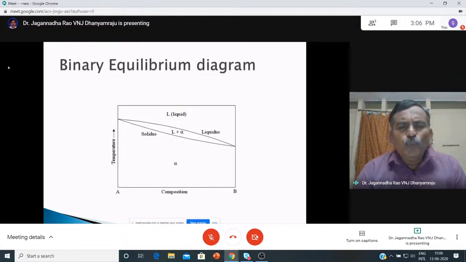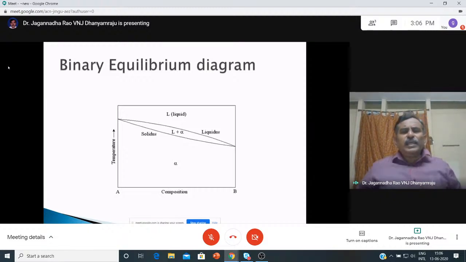That is why you are able to see a loop here, a mushy zone, a loop in which liquid and solid coexist. So that is a binary equilibrium diagram, and it is also called an isomorphous system, in which the two components are completely soluble in the liquid state and completely soluble in the solid state.